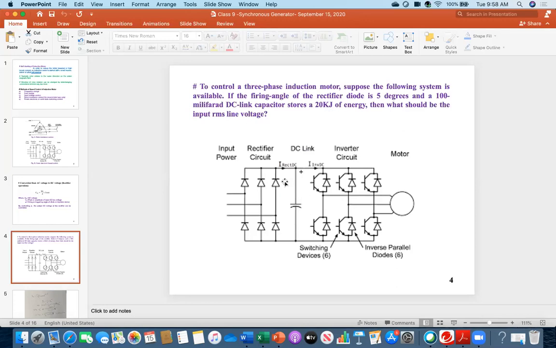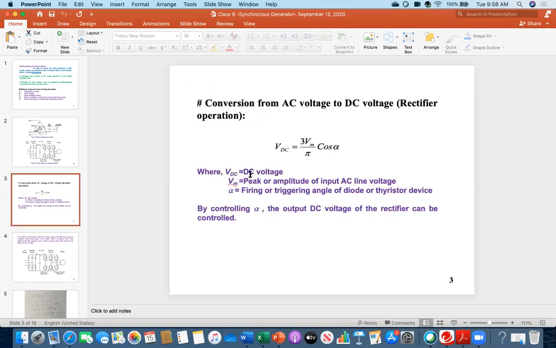So we have to utilize this equation. From this equation you will get the input side information: the peak or amplitude of the input AC line voltage, which is Vm. If you know the DC voltage and the firing angle alpha, and pi is just a constant number, then you will get Vm. So now the question is, what is that VDC?